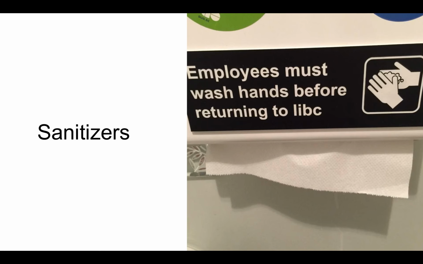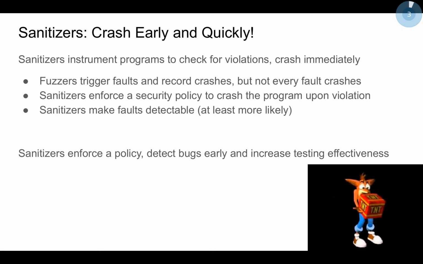And in the state space, there's a lot of inputs that will not be able to trigger that crash. So this is why we're talking about sanitizers today. So we are planting an ideal set of bombs that go off whenever we violate the underlying policy that the sanitizer is enforcing. And we'll talk about different kinds of sanitizers in the second part of the class.